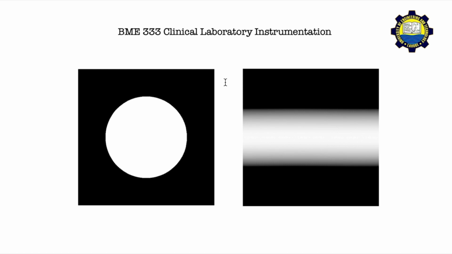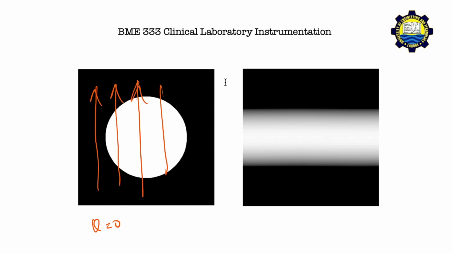Let's look at theta 0. Let's call this theta 0. When I go ahead and draw projections at this theta, what should my profile look like? I should have nothing here. But then when I sum along this projection, I have ones here, but I don't have 0 there.